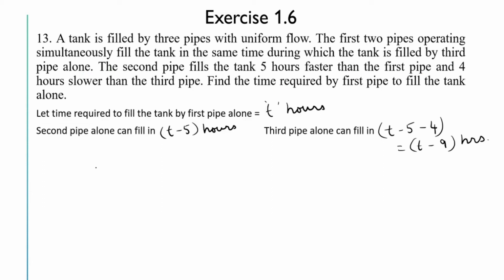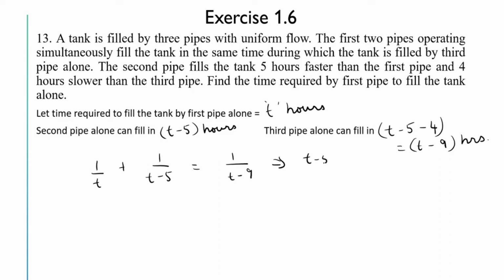So we have the part filled by the first pipe in 1 hour plus the part filled by the second pipe in 1 hour will be equal to the part filled by the third pipe in 1 hour. So we have 1 by T plus 1 by T minus 5 is equal to 1 by T minus 9. So let us take LCM.